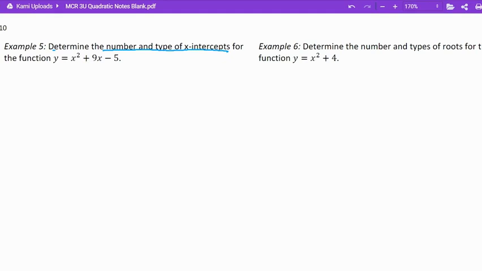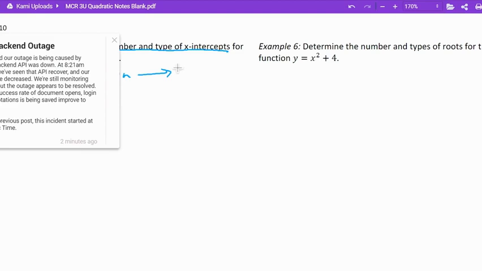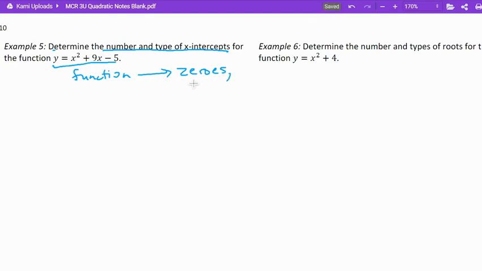Exactly. So the y tells us, oh, this is a function. And a function has zeros and x-intercepts, right? I know for me, a non-word person, this would be confusing and I would need to make some notes for myself.